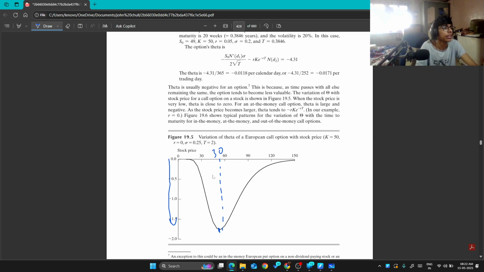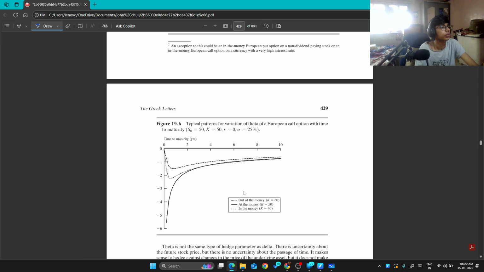At the K the theta value is largest, and if it goes out of the money or into the money, the theta value becomes very small and decays. Okay, that's the theta value.